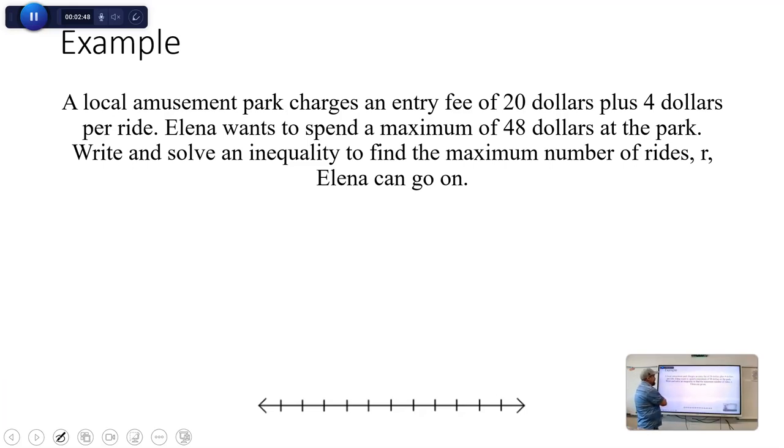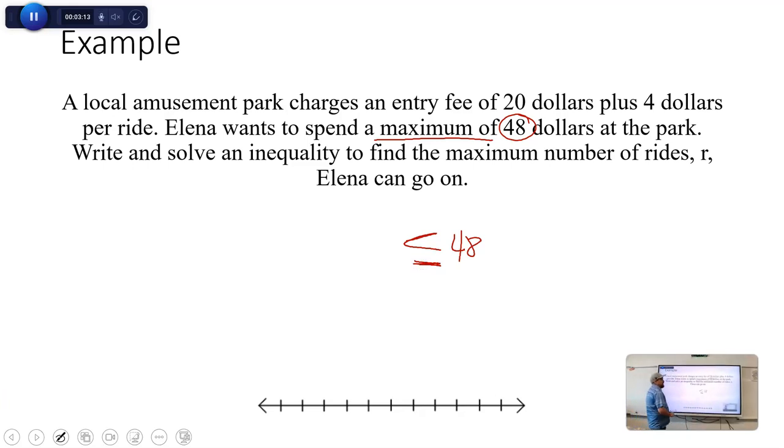Okay, so the first thing I notice is she wants to spend a maximum of $48. She doesn't want to spend any more than that. So that basically means maximum of 48 or no more than 48. So she wants to spend less than or equal to $48.